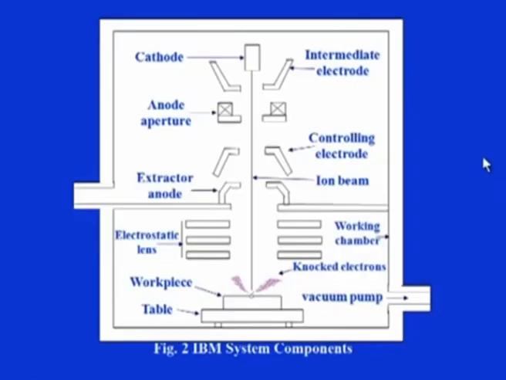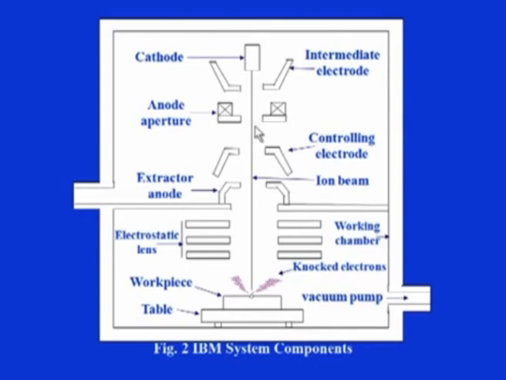This figure shows this process, in which the schematic is on the screen, in which this is the cathode which will be responsible for emitting the electrons, and there will be some intermediate electrodes, and of course, there will be an anode to which these electrons will be attracted.